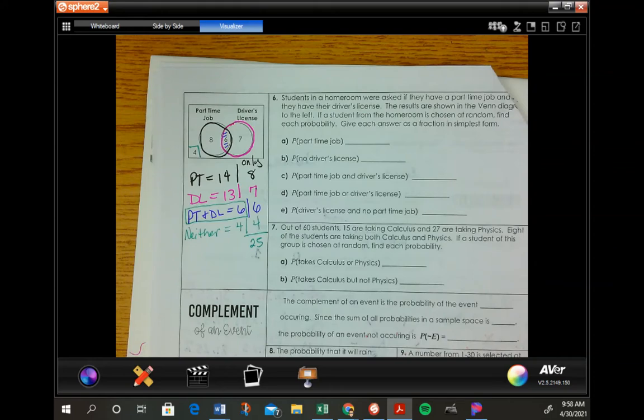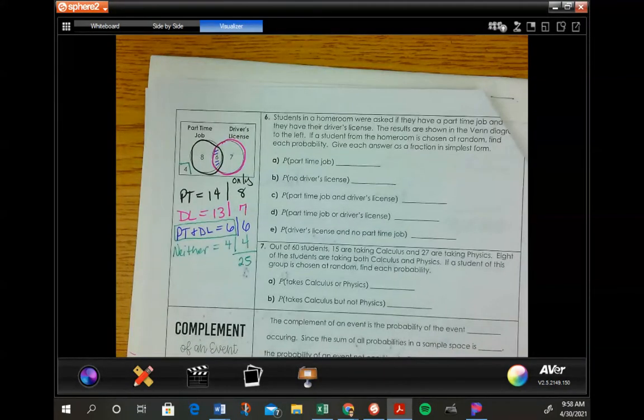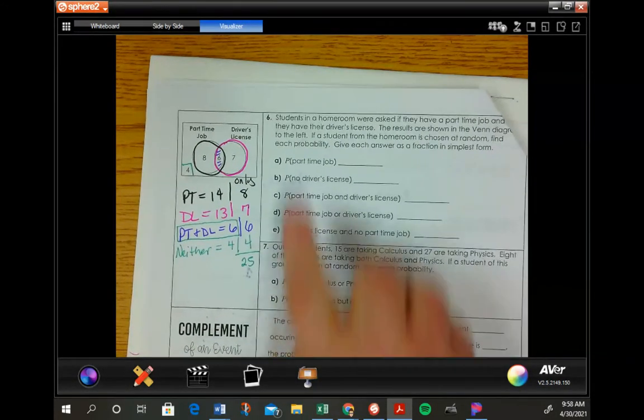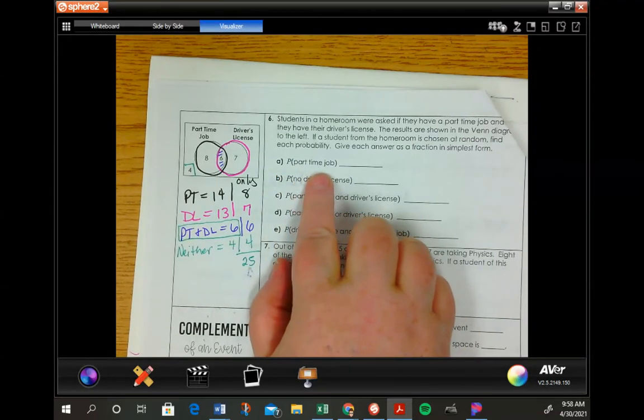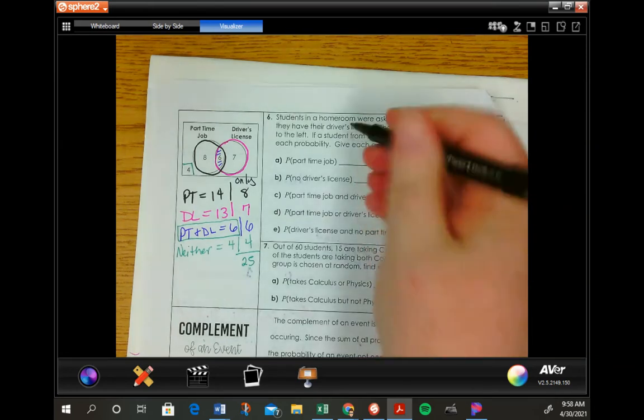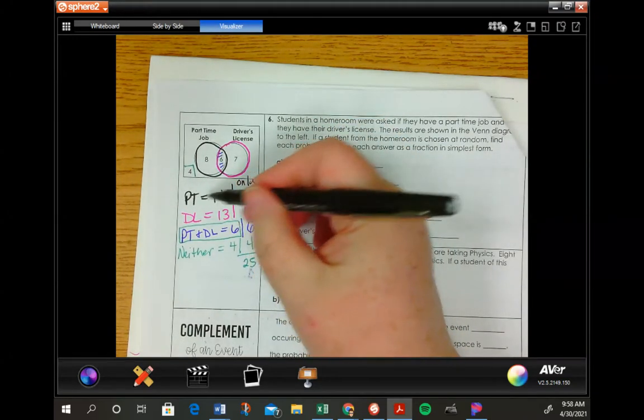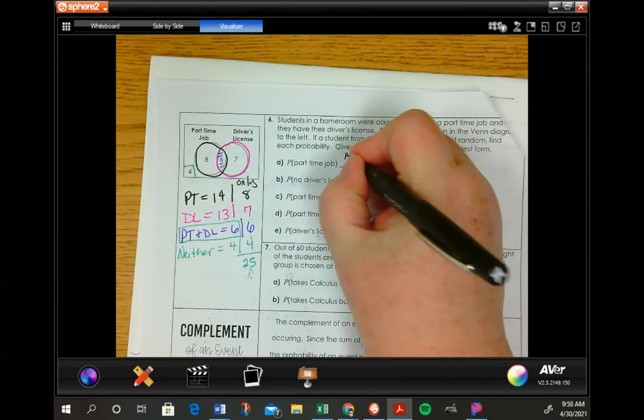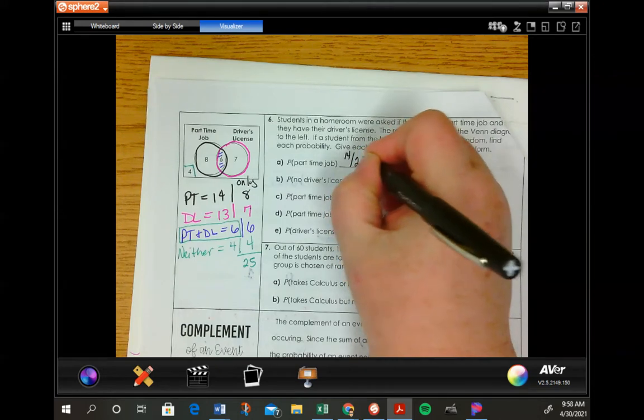Okay, little crazy there for a minute. So let's look at this. The probability of having a part-time job. How many students had a part-time job? Well, we looked, it said not only part-time job, but total. So the part-time job, that was 14 out of 25.